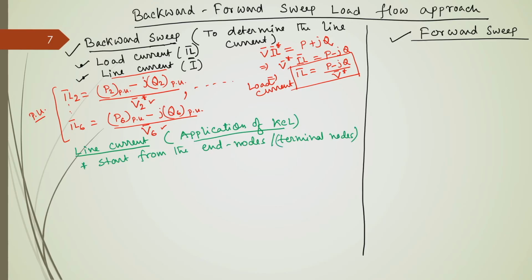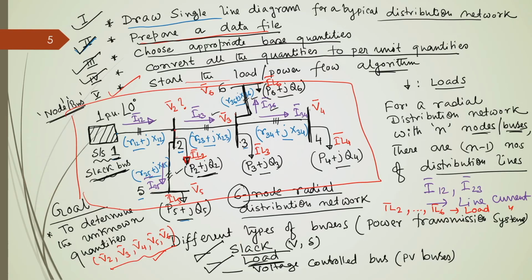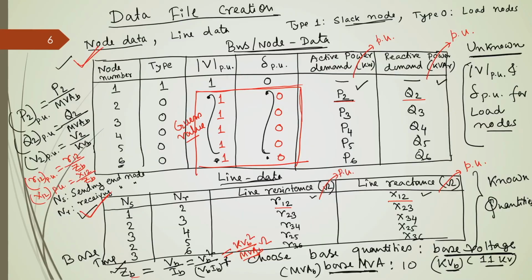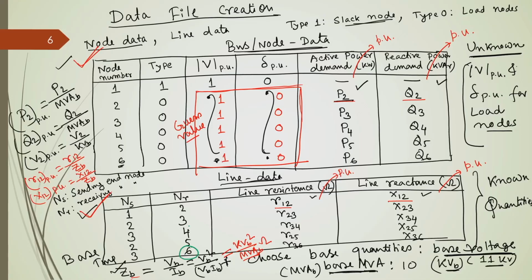Okay. Now, that means we will start with this terminal node either from 4 or from 5 or from 6. Why we will do so? I will come to that. Okay. So, since in our line data matrix our last entry is 6, we can start with 6, then 5, then 4 and so on.